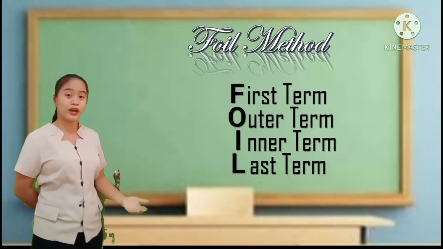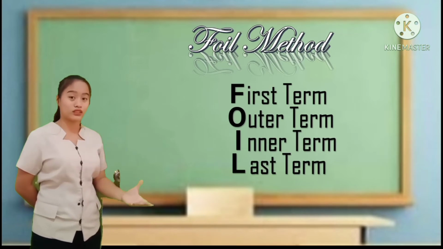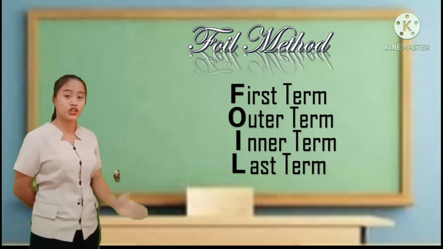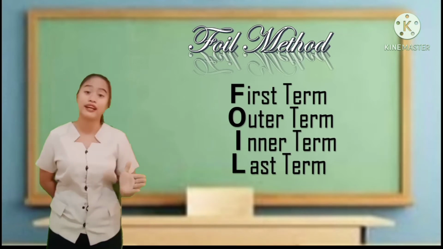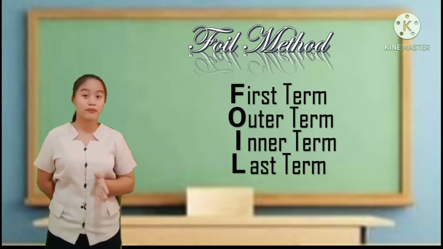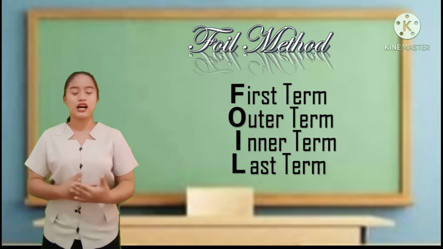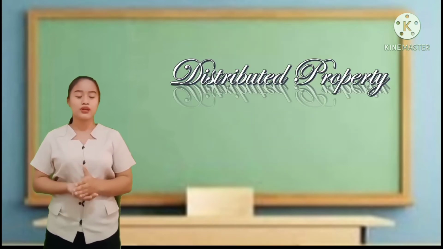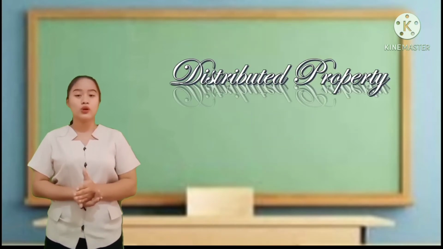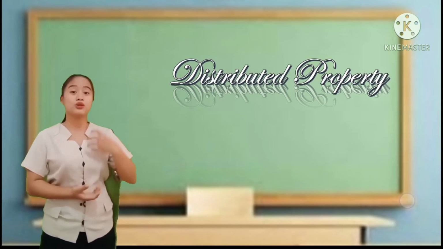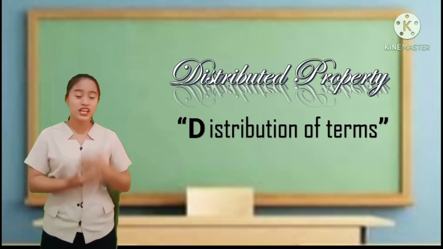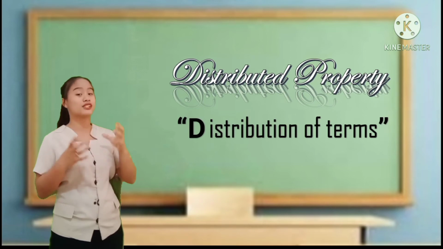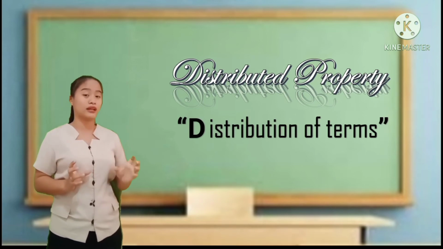This is how we multiply binomials. We can use the FOIL method, and this is the definition of the FOIL method. We are finding terms here in the FOIL method. Now, how about the distributive property? In the distributive property, we are referring to distribution of terms. Here, we will distribute the first binomial to the second binomial.